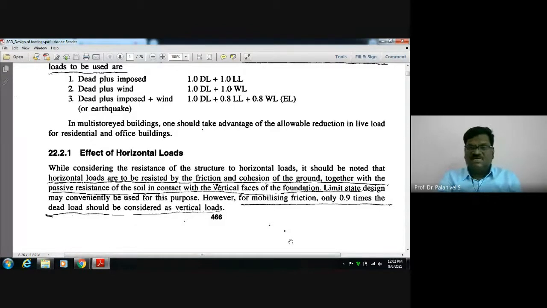Its anchorage and all will be taken care of with the vertical face of the foundation. The passive resistance of the soil in contact with the vertical face of the foundation will take care.